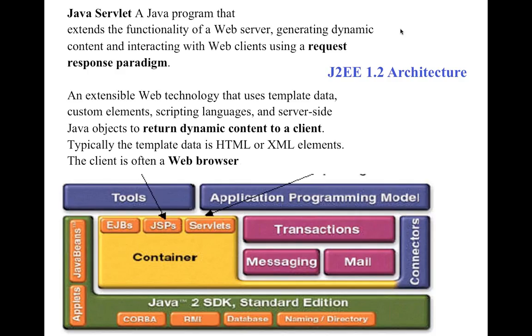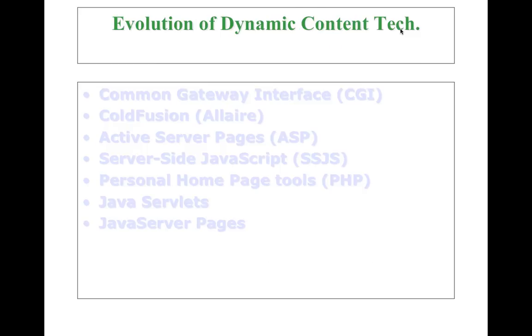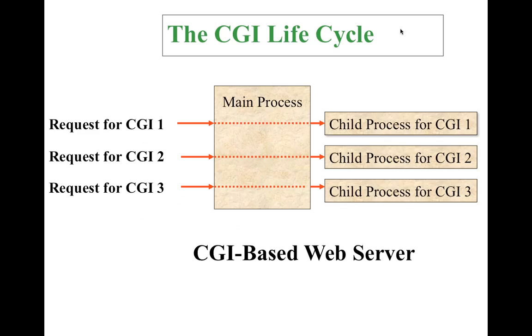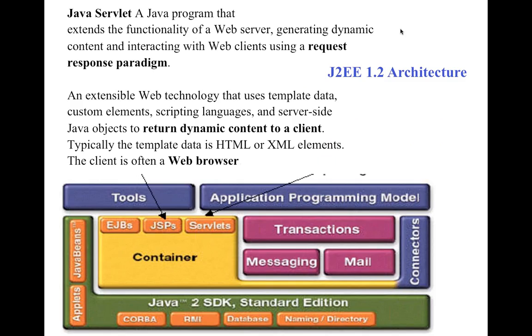Now, in our previous slide we saw that there are various other technologies that came in around the same time or before Java servlets and JSPs. Now we'll see what exactly Java servlets and JSPs are in terms of the Java EE stack, the architecture diagram that we saw before, and where exactly JSPs and servlets sit in.